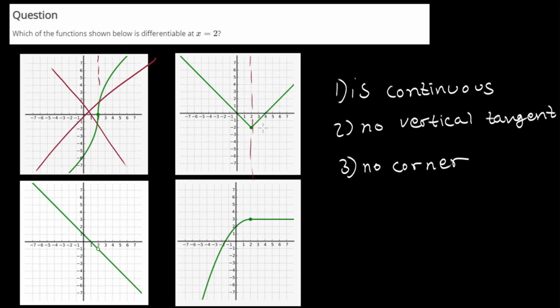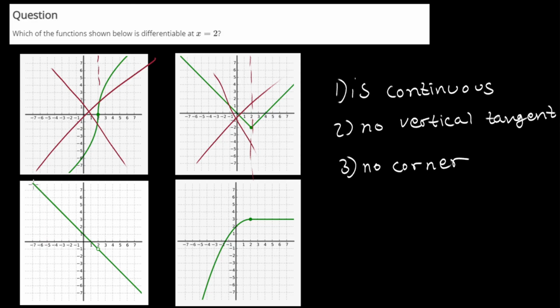Will you look at that? We're 2 for 2, baby. And now we have one more thing to check. Does it have a corner? Well, what does this look like? It looks like a corner to me. It does this little straight edge thing right here. That's definitely a corner. So this means that this is also not differentiable. How sad is that?